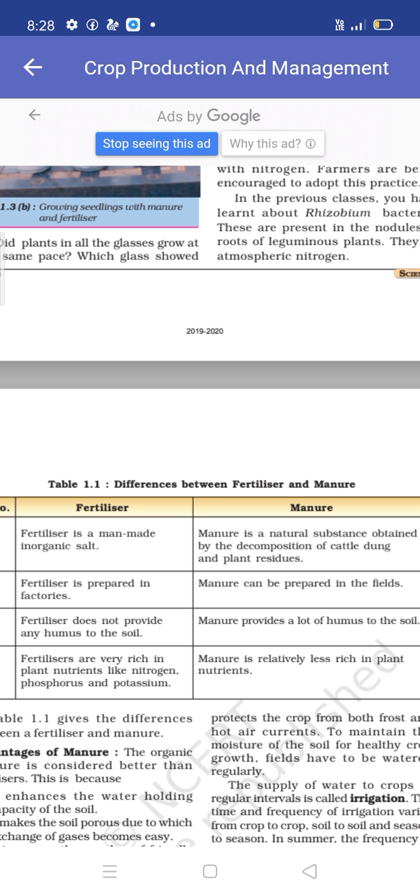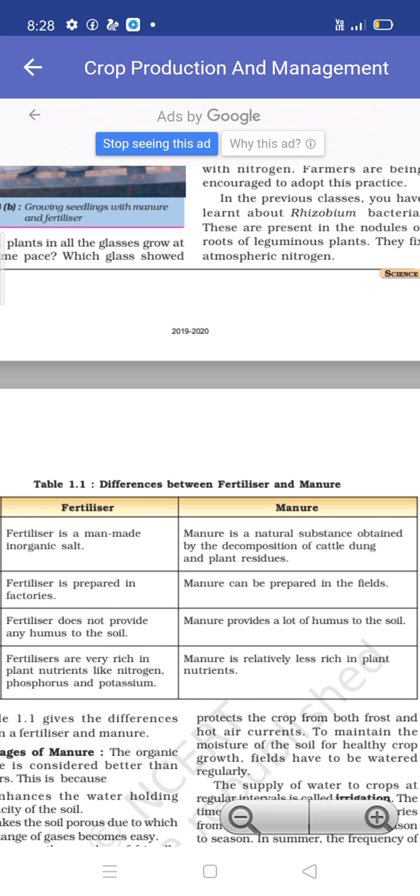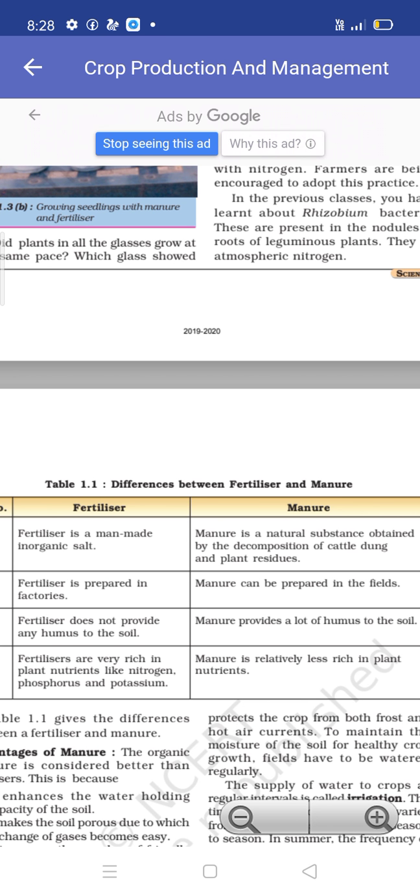And manure is natural, made by making gobar gas and many manure items. So fertilizers are prepared in factories, but manure is prepared in the fields. And fertilizers do not provide any humus in the soil, but manure provides a lot of humus. Humus is very important for the growth of the soil.